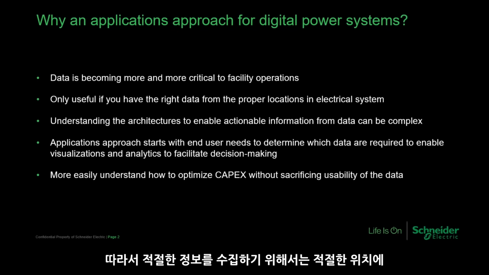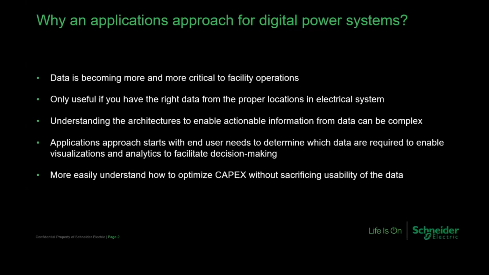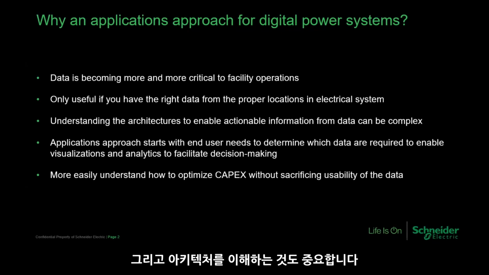So you need to make sure you have the right devices and sensors put at the right locations to collect the right information. And then, of course, understanding the architecture is important, because eventually this enables you to provide some information from the data that you collected.